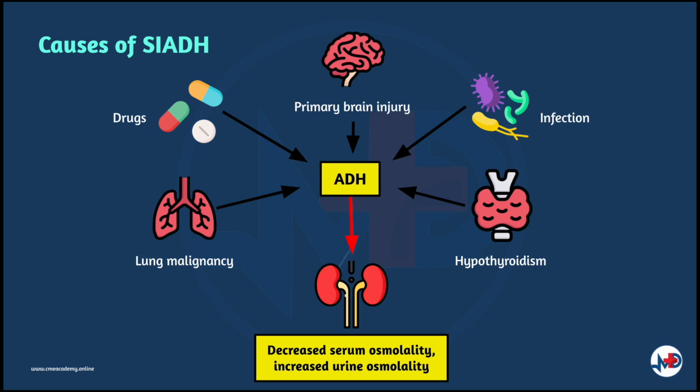Infections such as pneumonia and cerebral abscess are predisposing factors of SIADH, while hypothyroidism could also trigger SIADH. Inappropriate release of ADH hormones then bind to the receptors of the kidney, allowing increased water reabsorption, and this eventually leads to decreased serum osmolality and increased urine osmolality.